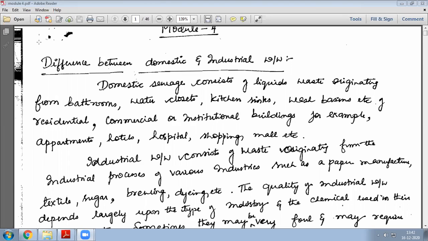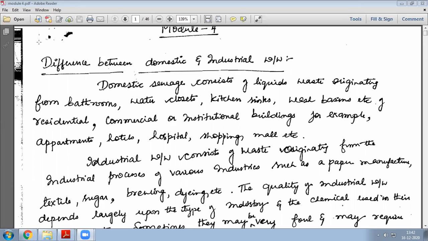You have to list and briefly explain: if you want to remove only organic matter, what are all the methods available? You already know trickling filter is there, activated sludge process is there. So those things you have to explain. And if you want to remove inorganic matter in the wastewater, what methodology might you follow? Those things you'll be learning in the fourth model.